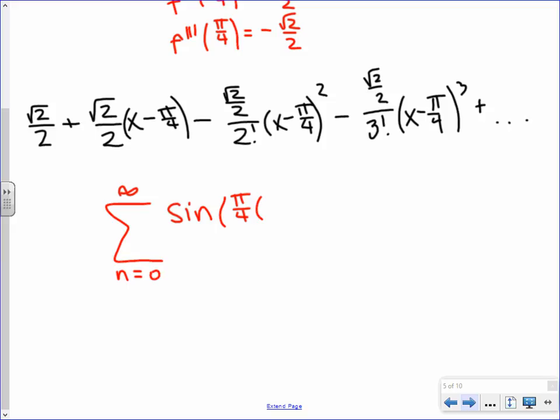Well, basically we need all of the odd numbers with pi over 4, right? Would I be able to do like a 2x plus? So that would give you the positive, negative radical 2 over 2 over n factorial times x minus pi over 4 to the n. That would be what you were trying to describe, Josh.